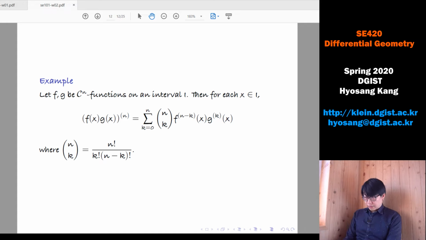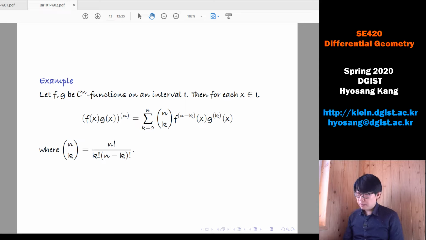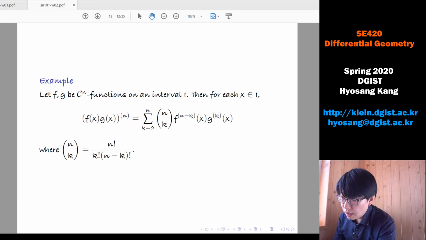Now we have a formula. It's not a critical formula that you have to understand right now, but you can derive it if you know how to use the inductive method in proofs.